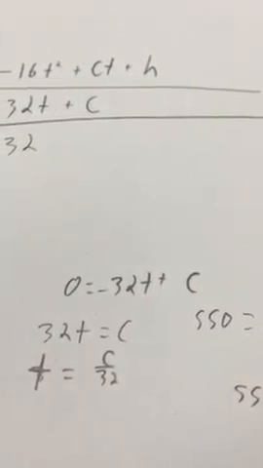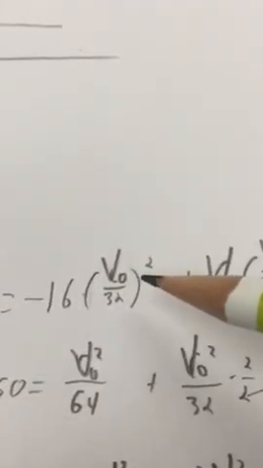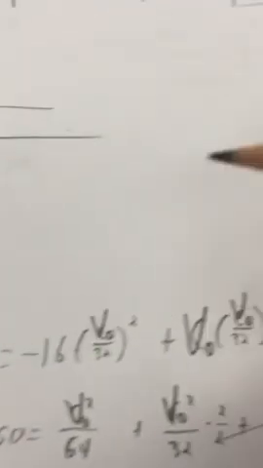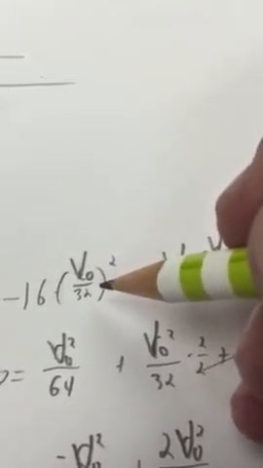This is going to look ugly. So we plugged it back in, because we did solve before that t is equal to v sub 0 over 32. So now whenever there is a t, we write v sub 0 over 32.